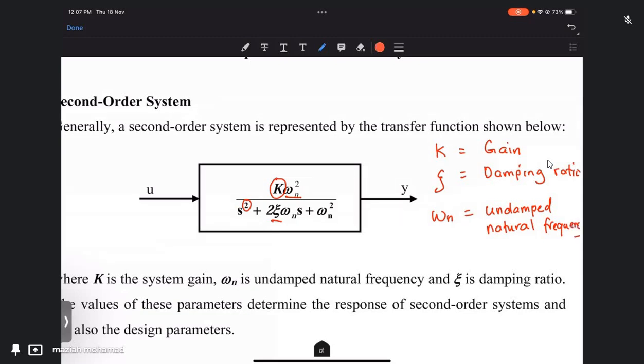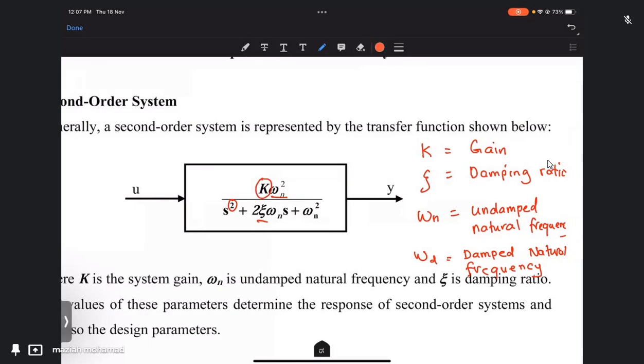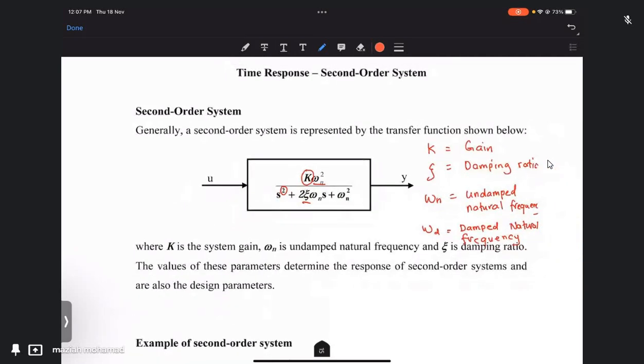Later on, you also see another one, omega d, which is what we call damped natural frequency. These parameters determine the response of second order system, and are also the design parameters.